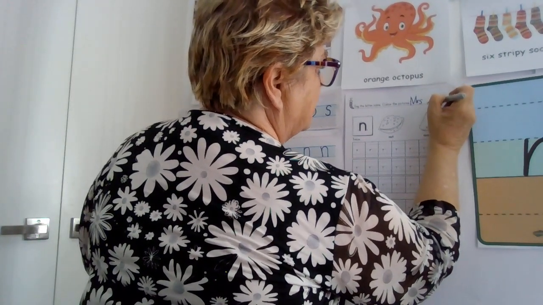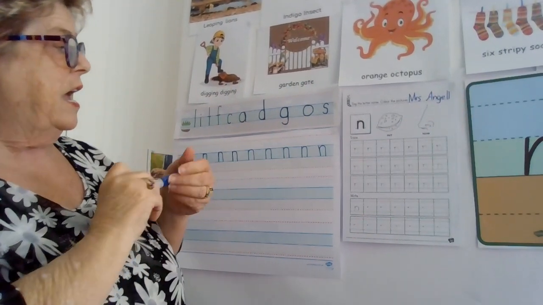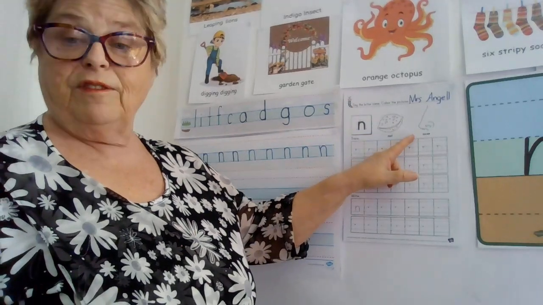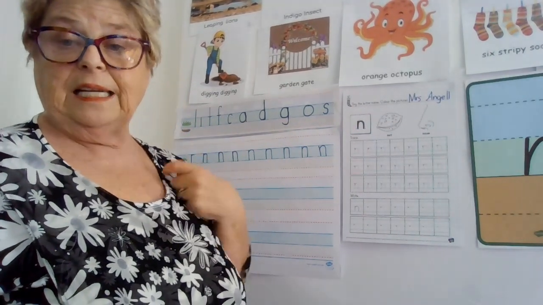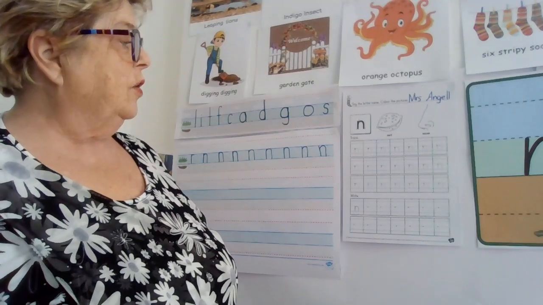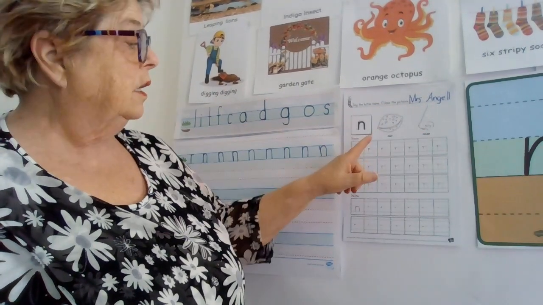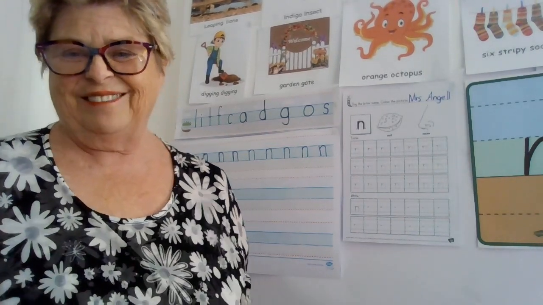There's Mrs. Angel right there. And we have a little picture of a nut and a picture of a nose. I didn't think about saying nose as the word for N. Nose. We're not going to do anything with those first. We will do the writing part first and then the colouring.